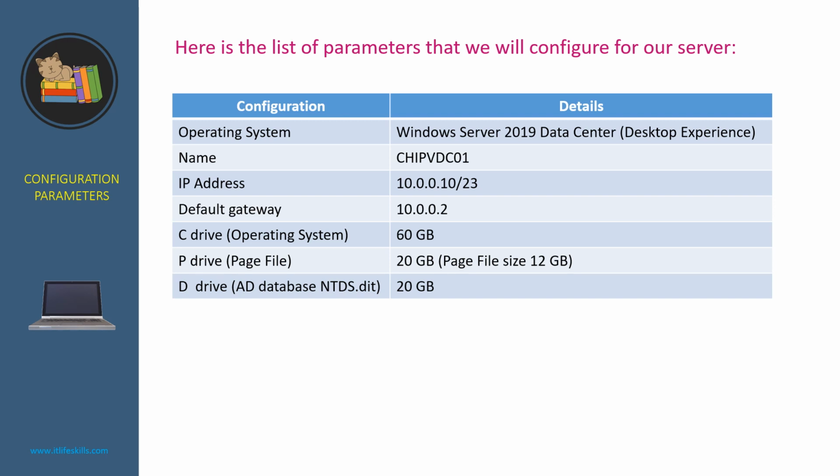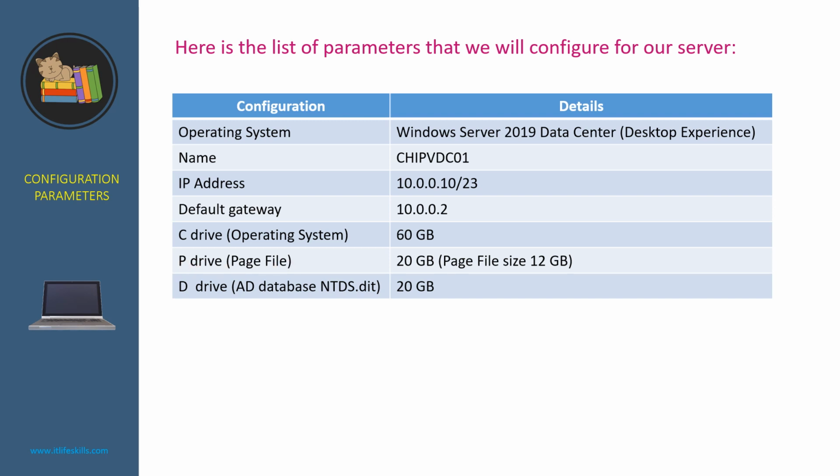10.0.0.2. The server has the C drive, installed with the operating system, of 60 GB. We need to configure the B drive with the size of 20 GB, and after that we need to configure the page file with the size of 12 GB and move it from the C drive to the B drive.